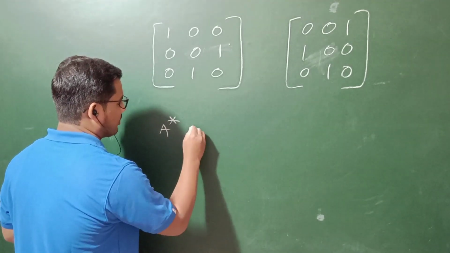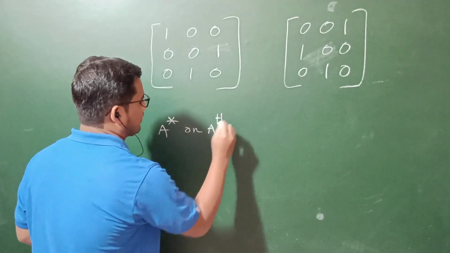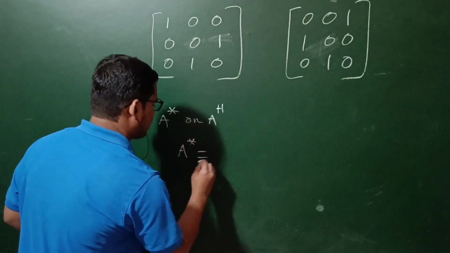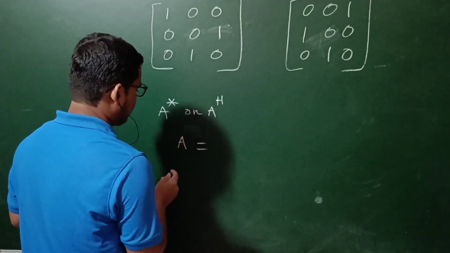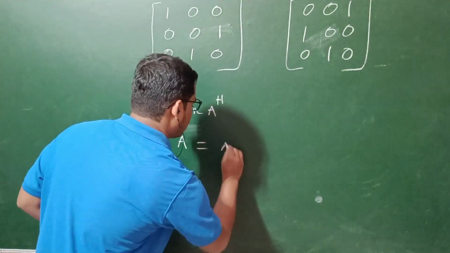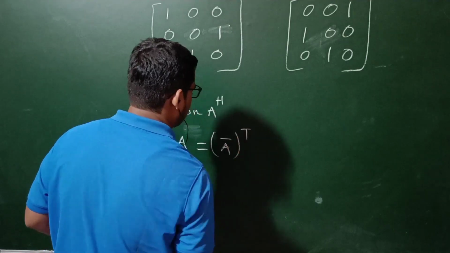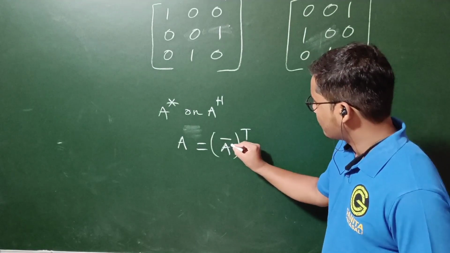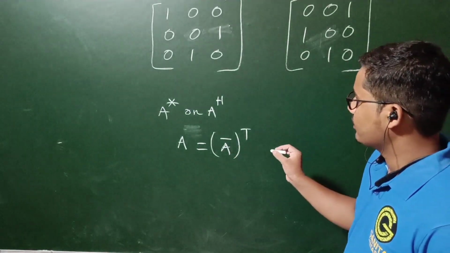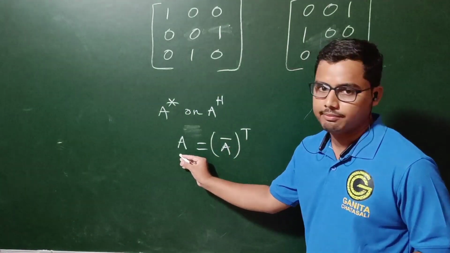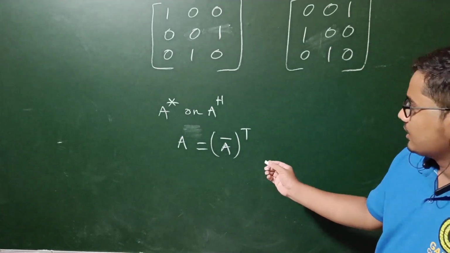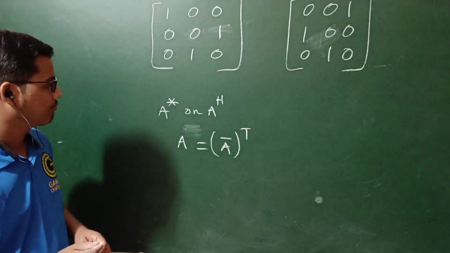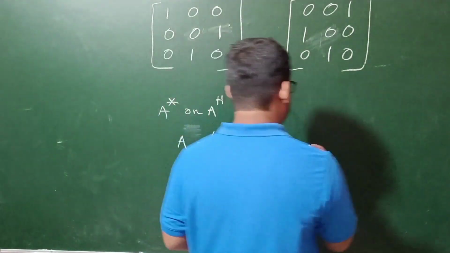Hermitian matrix is denoted by A star or A H. A star, if matrix A is equal to A star, where A bar is called the complex conjugate of matrix A. Then the matrix will be called a hermitian matrix.